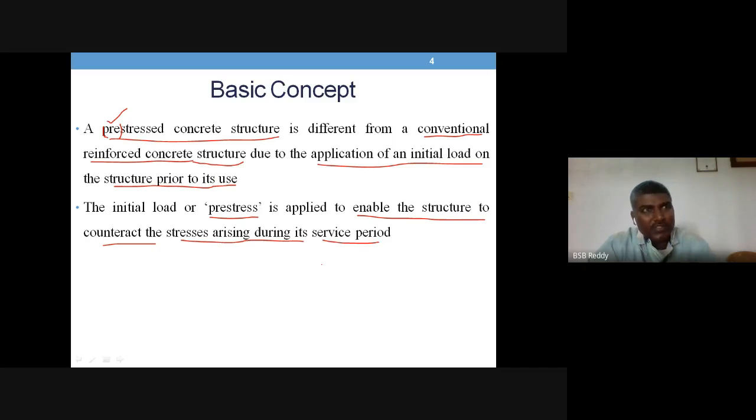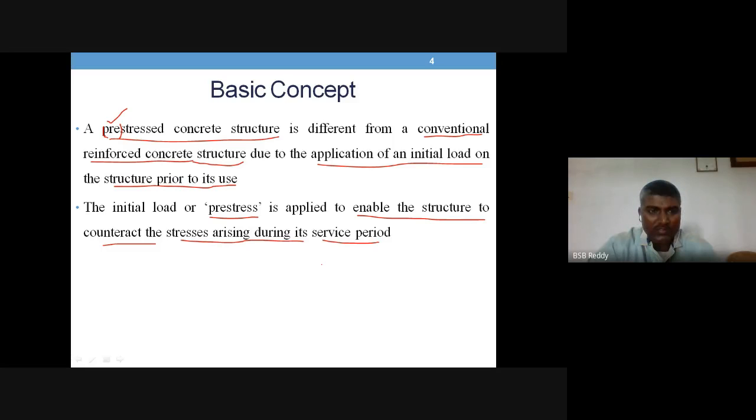A column is going to take majorly compression, and a beam is going to take majorly bending, and in turn compressive stress and tensile stress. These are the things that we estimate.